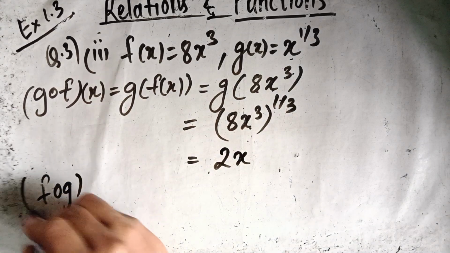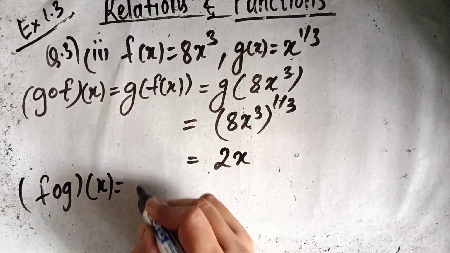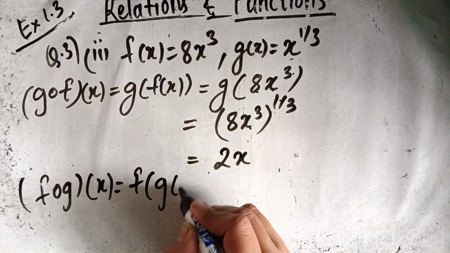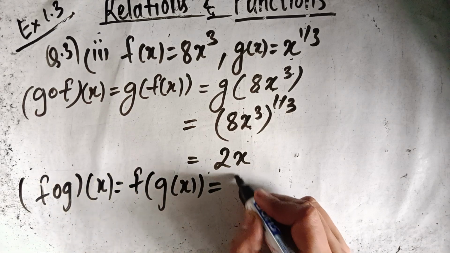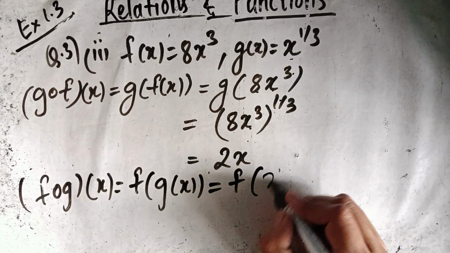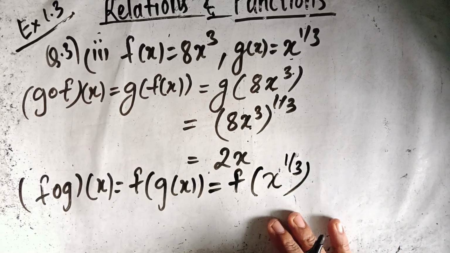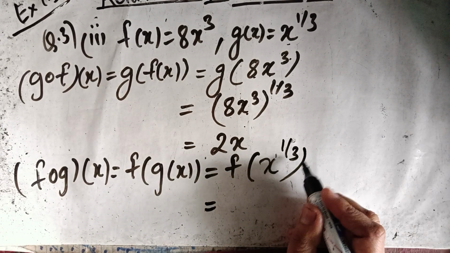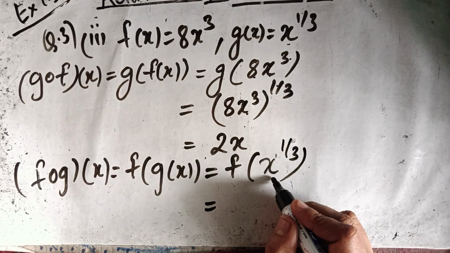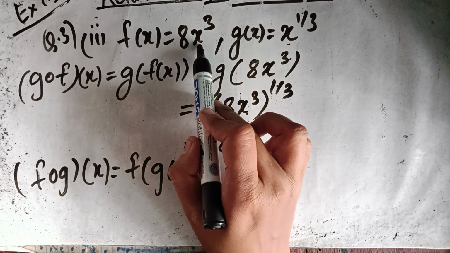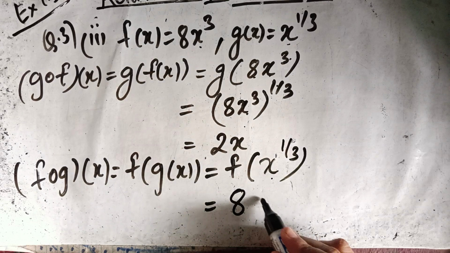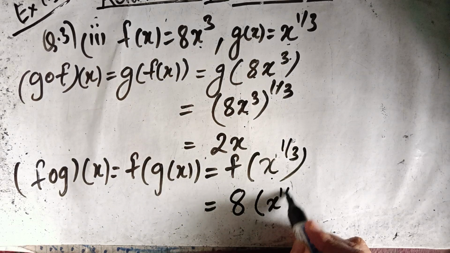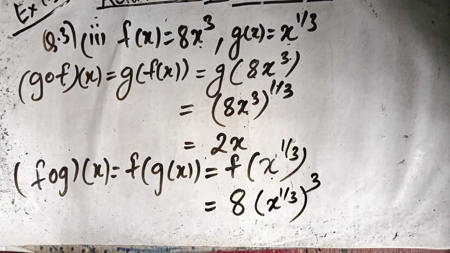f composite g of x, f of g of x, so f of x raised to 1 by 3. In f, you have to put this x, so in place of this, you have to write x raised to 1 by 3, whole cubed.